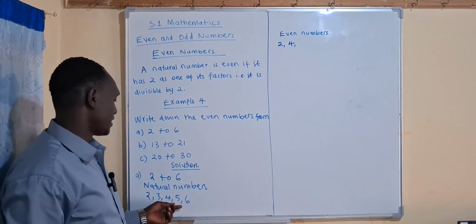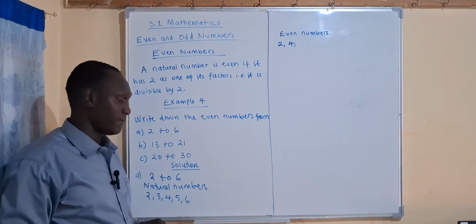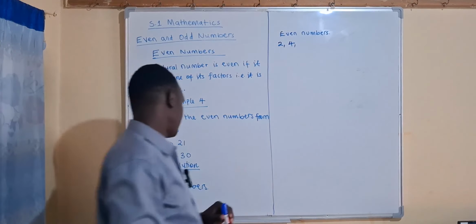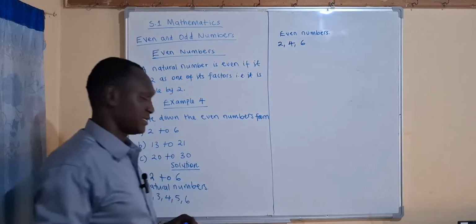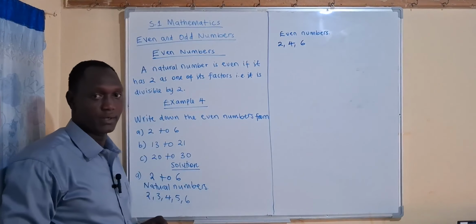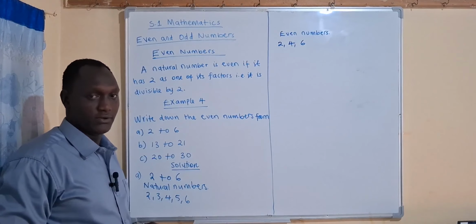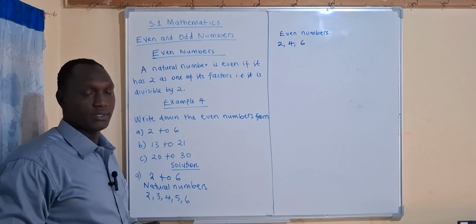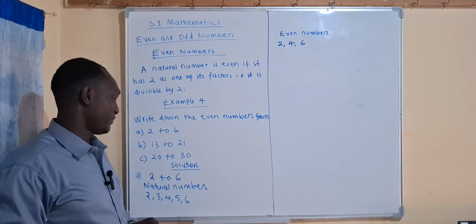Because there is a remainder of 1, 2 is not a factor of 5 and therefore 5 is not even. What about 6? 6 divided by 2, we get 3 and the remainder is 0. Since there is a remainder of 0, 2 is a factor of 6 and that makes 6 an even number.